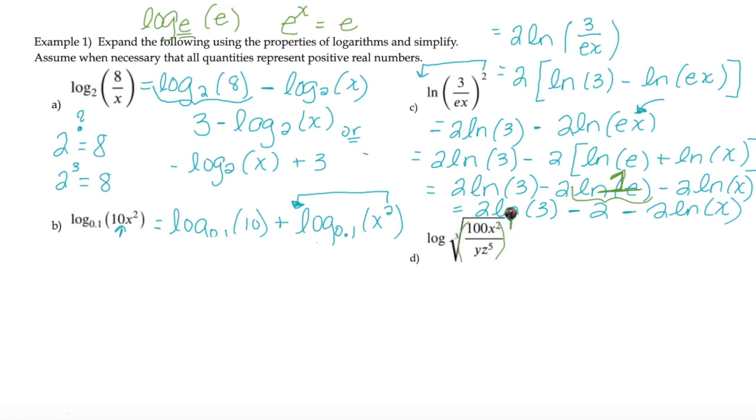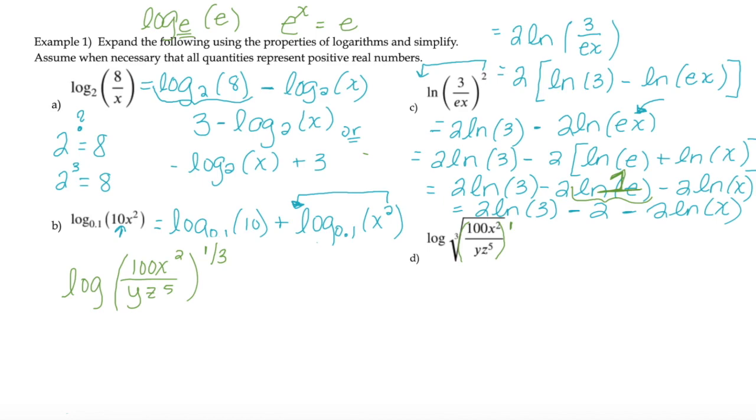So I'm going to turn this from a radical to an exponent by saying that this is the same as log, which is base 10, even though we don't see it, of 100 x squared over yz to the 5th to the power of 1/3. So the inside number, our exponent, goes on the numerator and the index is the denominator.